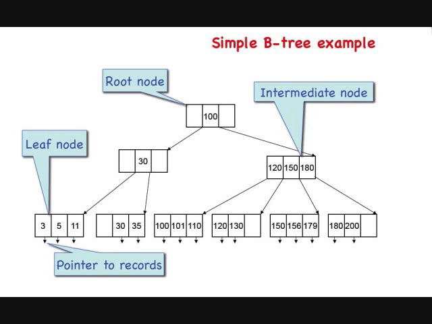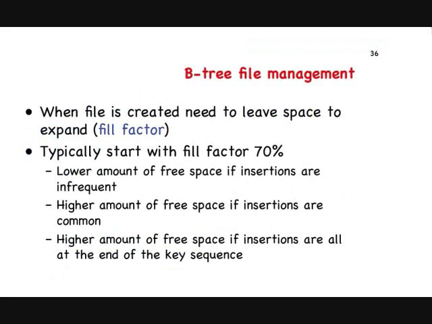Okay, so that's our simple example. When our file is created, similar to ISAM, we start with a fill factor of about 70%. If we're being clever, and we're sitting in the bowels of a Viva or some equivalent, we know that the difference between 70% and 80% full probably means 3 or 4 large disk arrays.